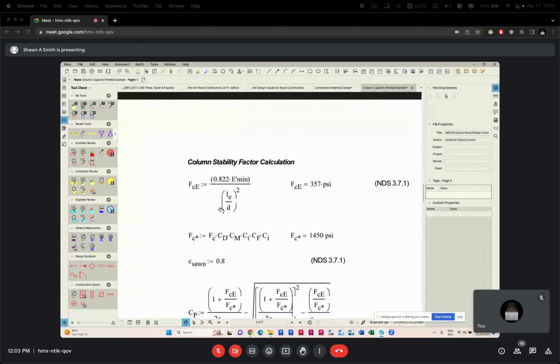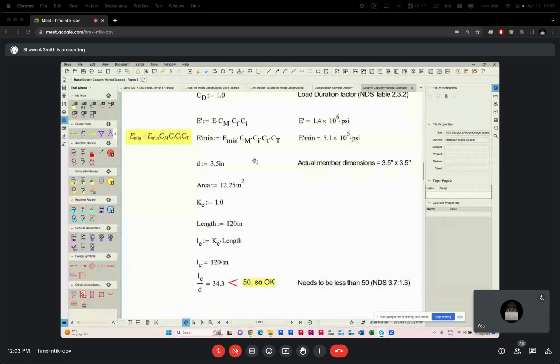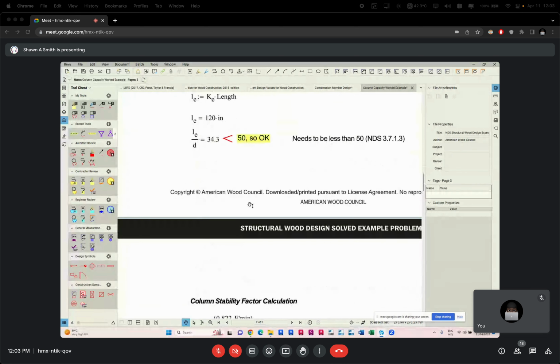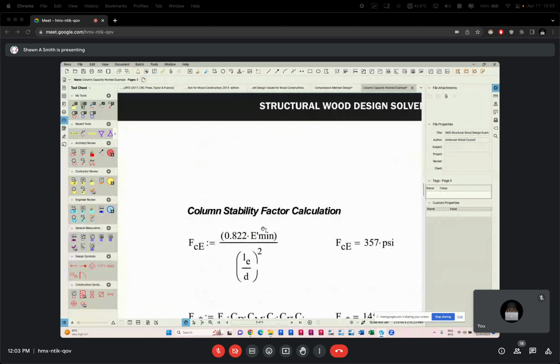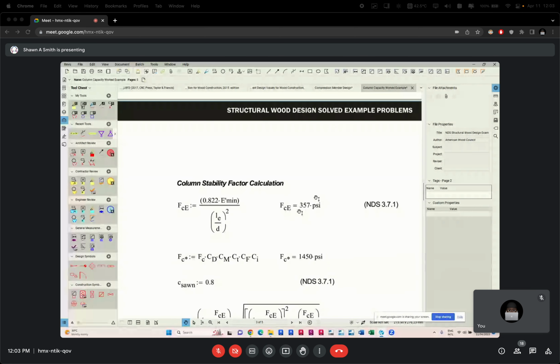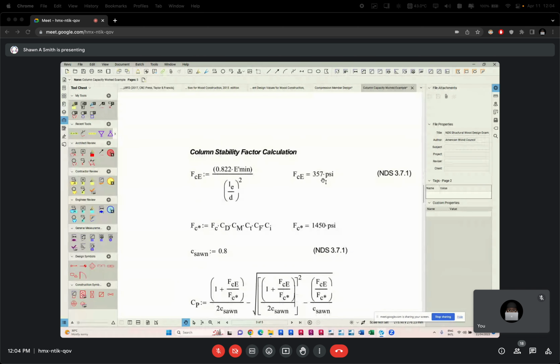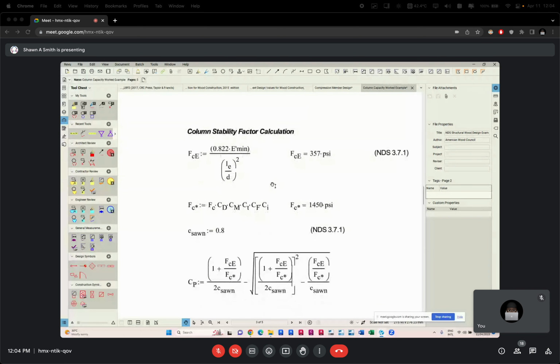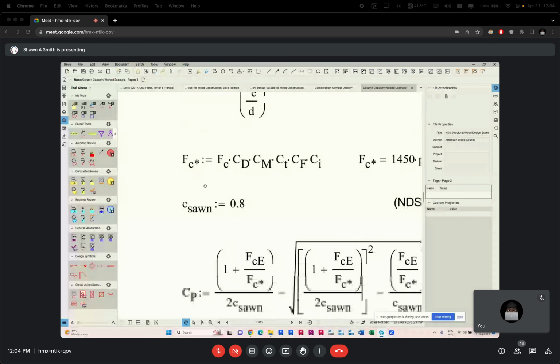And then somebody doing that. If we put this value, this 5.1 times 10 to the fifth, right here, and do all this, we should come out at this. That's critical stress from Euler. All right. Then we also need this because this comes down here.